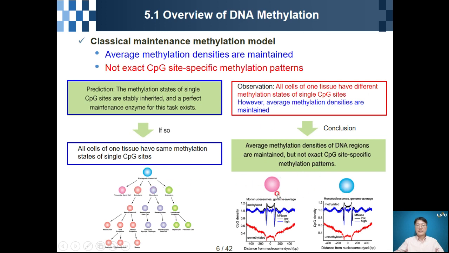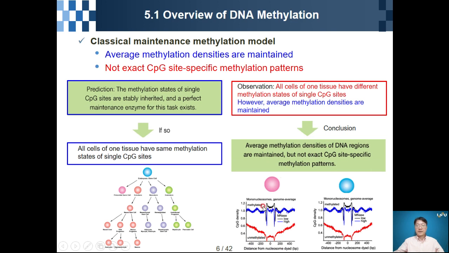This is one cell, and this is another cell. This is the distance from the nucleosome, for example, 0 and 200 base pair, 400 base pair, and minus 200 base pair, and 400 base pair.